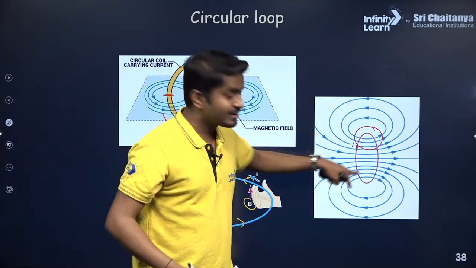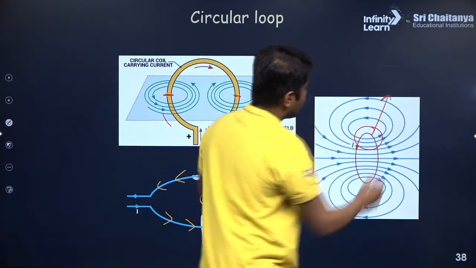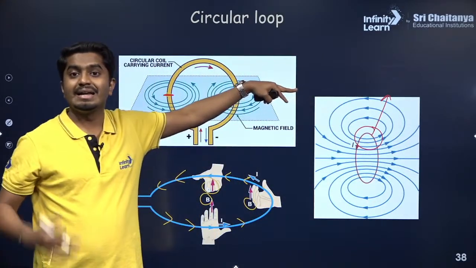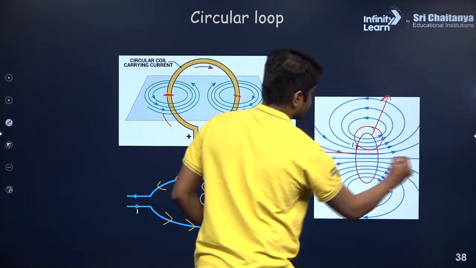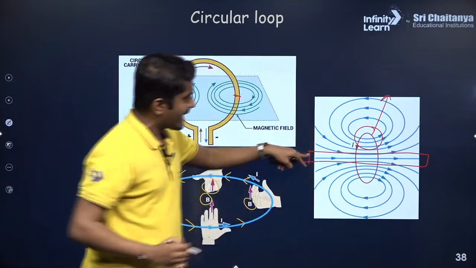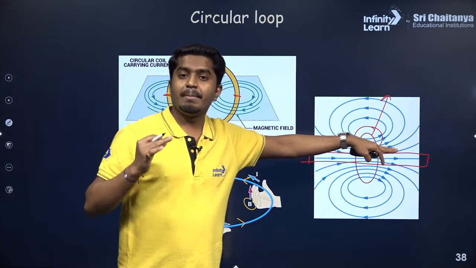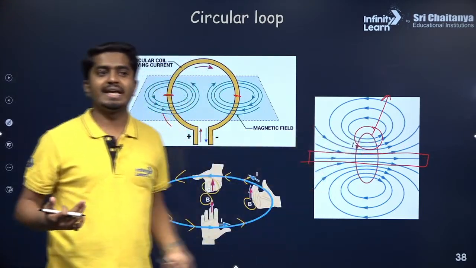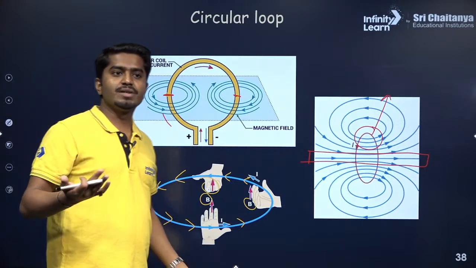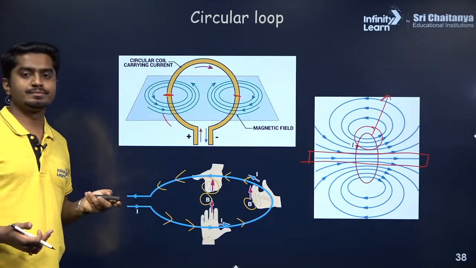Near this circular conductor, magnetic field lines are dense. When you go away from the conductor, magnetic field lines are less dense. And at the center, look at this line, which is a straight line. So at the center, the magnetic field line or arc will become a straight line. So these are properties of the magnetic field lines due to a circular loop.